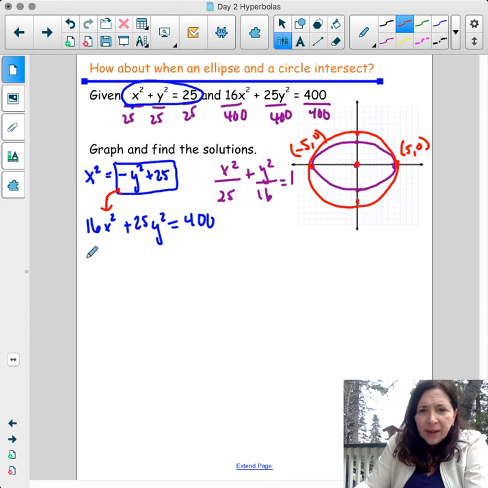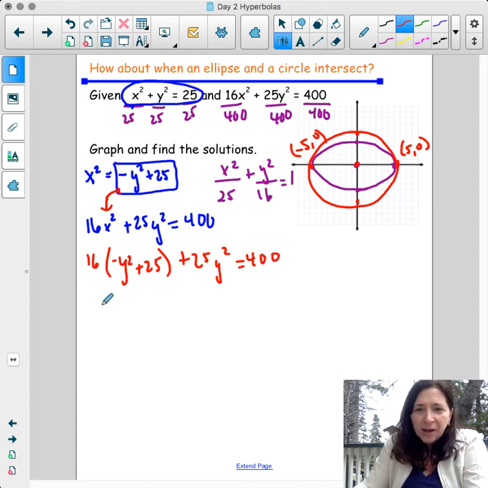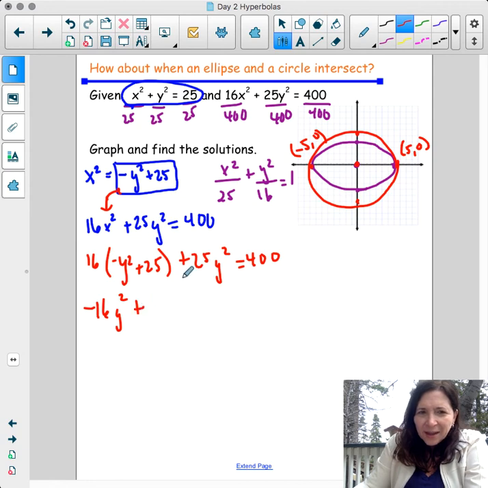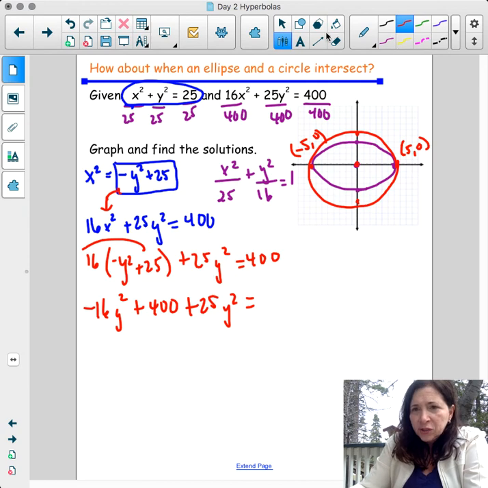So let's see. We have 16 times x squared, which is this, negative y squared plus 25, plus 25y squared is equal to 400. So we're going to get negative 16y squared plus 400. 16 times 25 is 400, plus 25y squared is equal to, or actually, I'm going to subtract that right now.